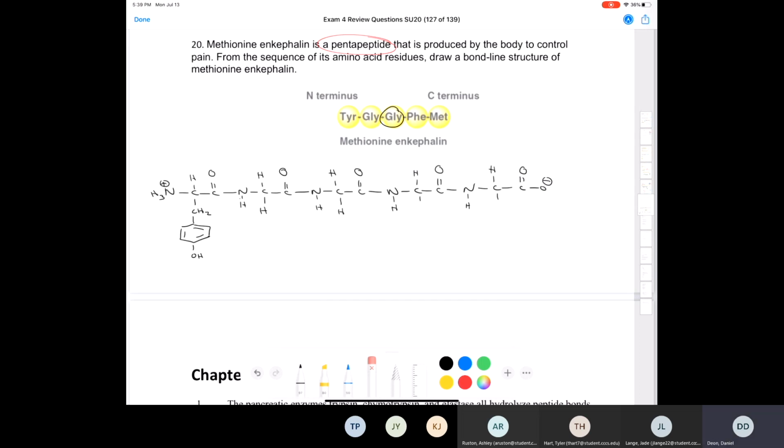The next one is a phenylalanine. In a phenylalanine, we have a CH2 and our phenyl, or our benzene ring. And the next one is MET, which stands for methionine, which has 2 CH2s and sulfur, so it's a sulfide, like that. So this is the R group of tyrosine.